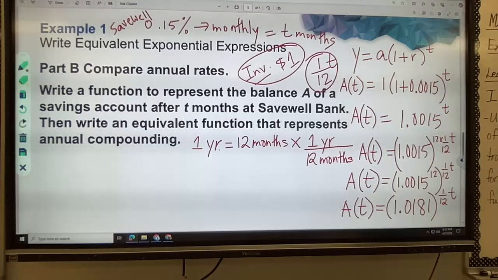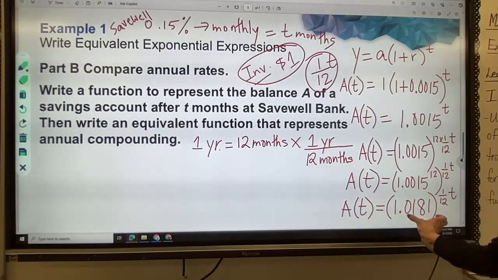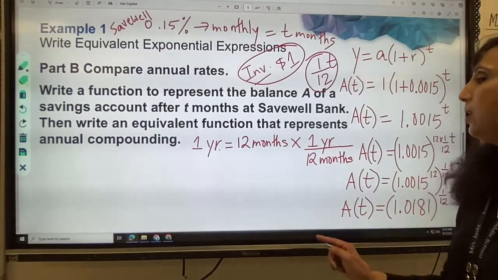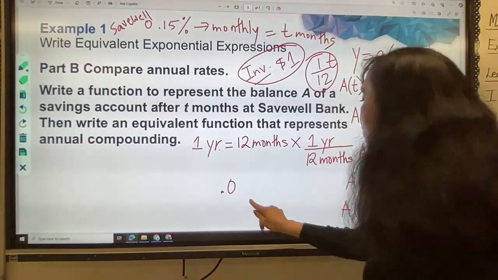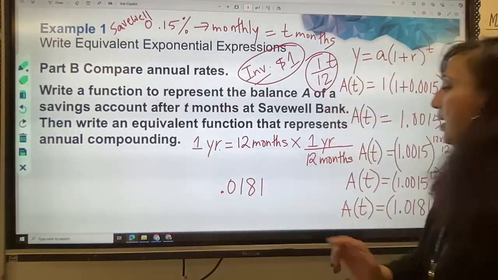Okay, so now from this expression, we can determine that the effective annual interest rate of Savell Bank is about, so now we're taking only this part. Remember, I said to focus on the decimal. So for Savell Bank, it was 0.181.